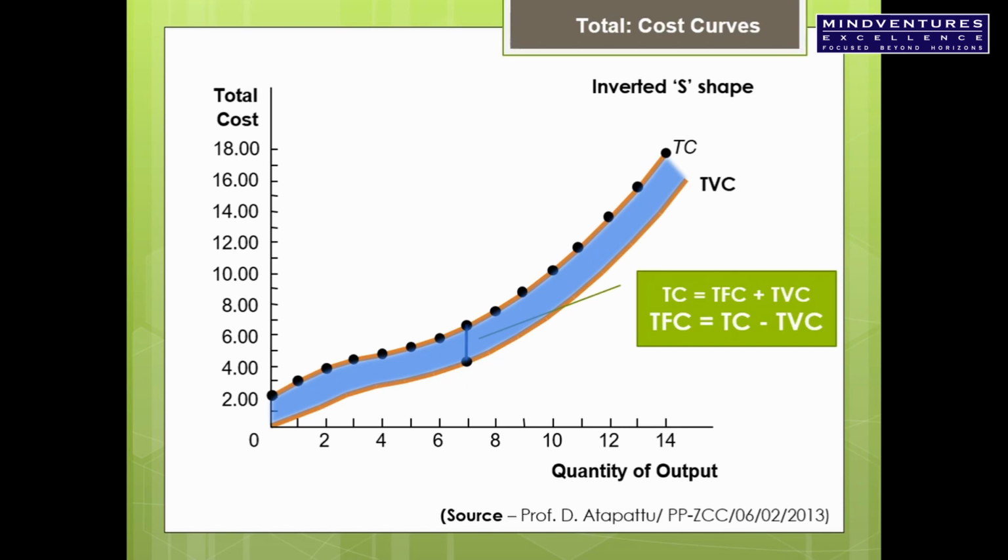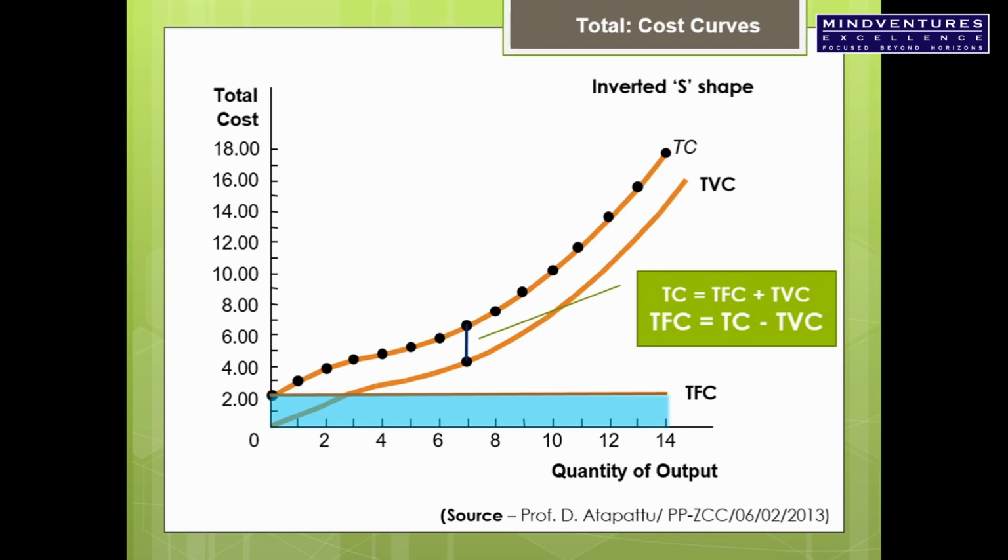Another way to say that is, the total cost and total variable cost curves will always be parallel in terms of their vertical distance. The next thing we can identify is, if total fixed costs do not change, the total fixed cost curve will be a linear or straight line curve parallel to the output axis, or the quantity of output axis.